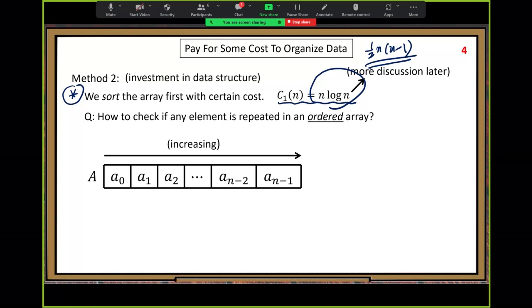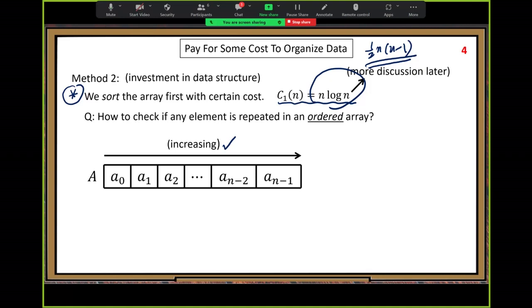Otherwise, you cannot improve our previous algorithm. This assumption is important: ascending order, increasing. Their values are increasing. This property is important.